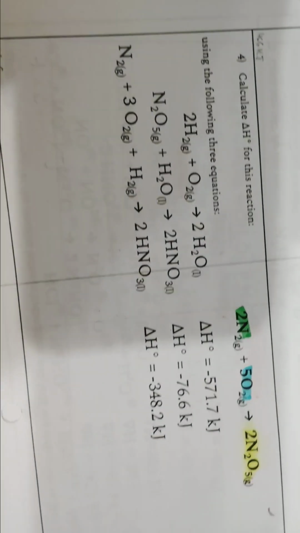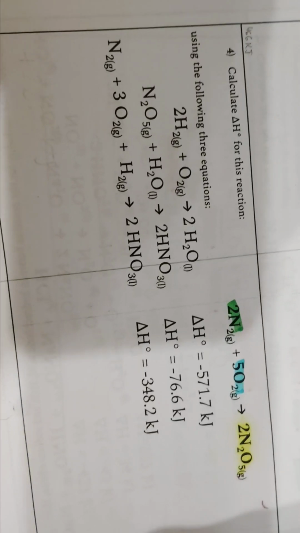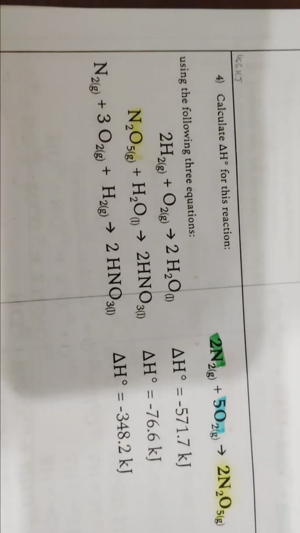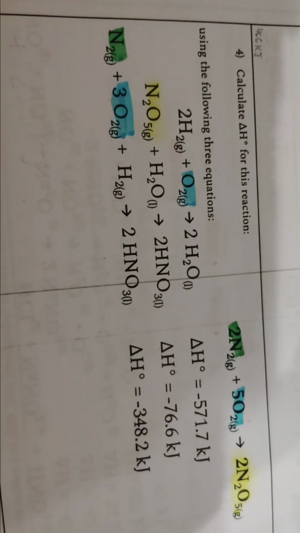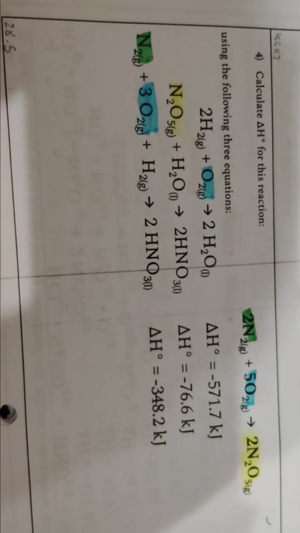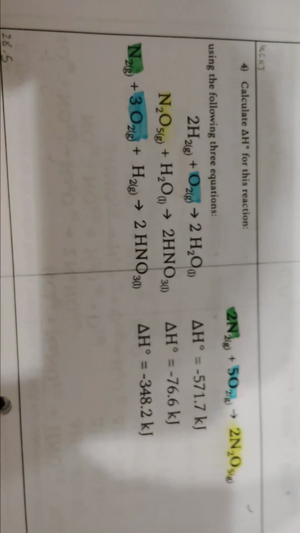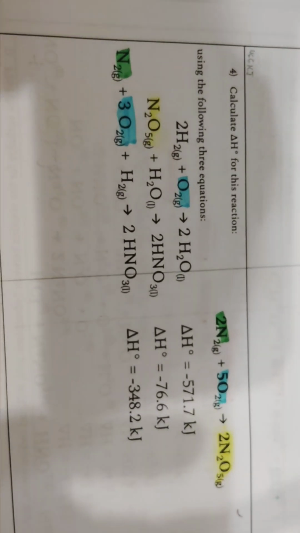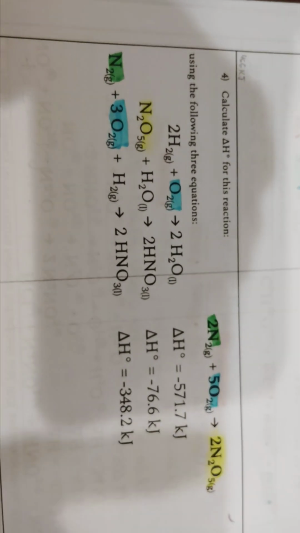We have a 2 N2O5 right here. Let me highlight these and we'll be right back. All right, guys, we got these all highlighted. So we have the N2 in green, the O2s in blue, and the N2O5s in yellow.